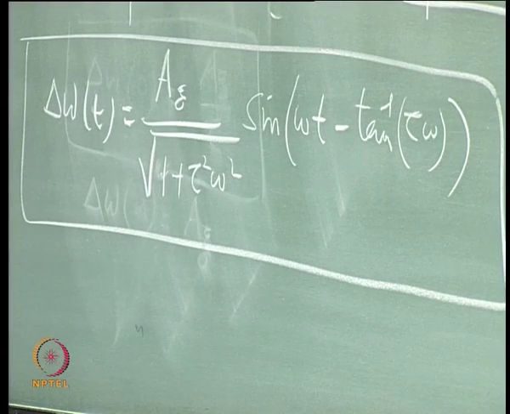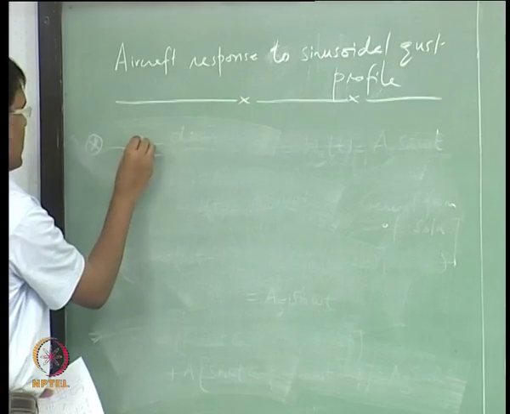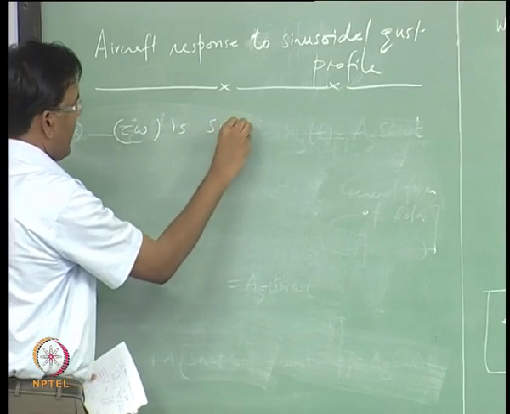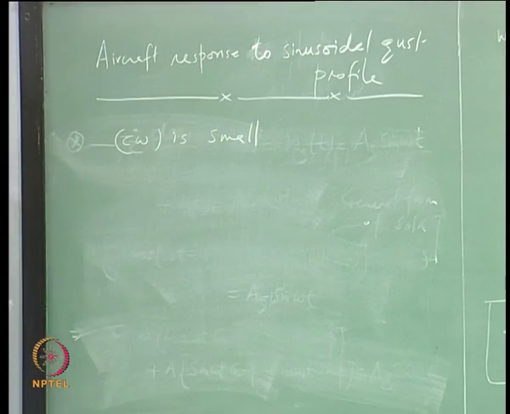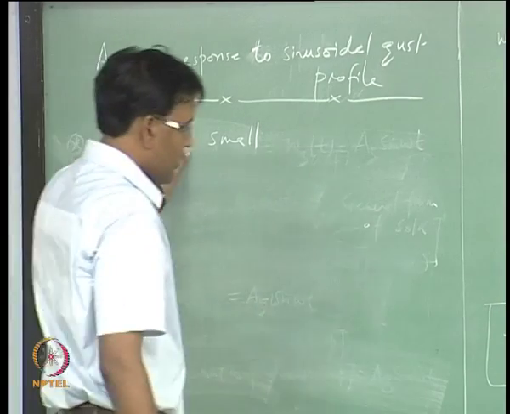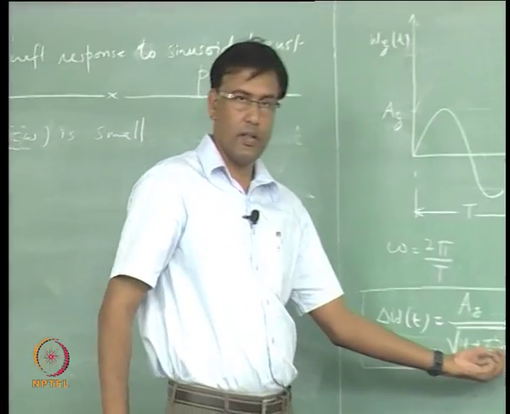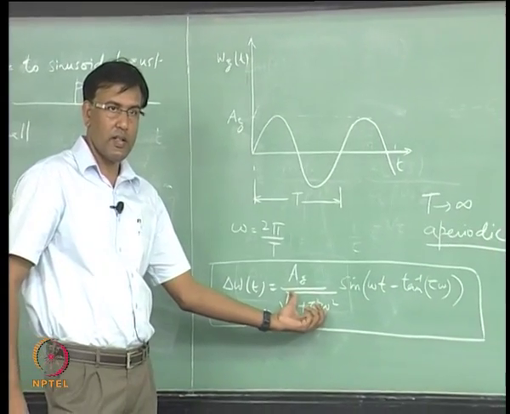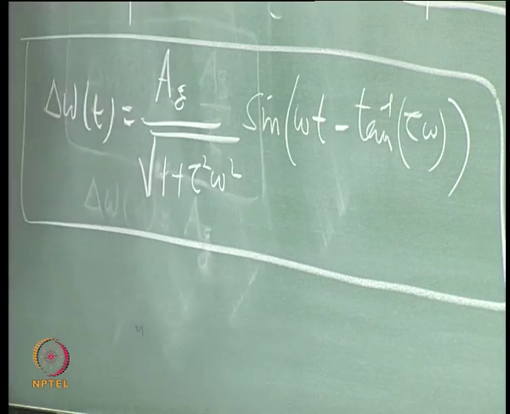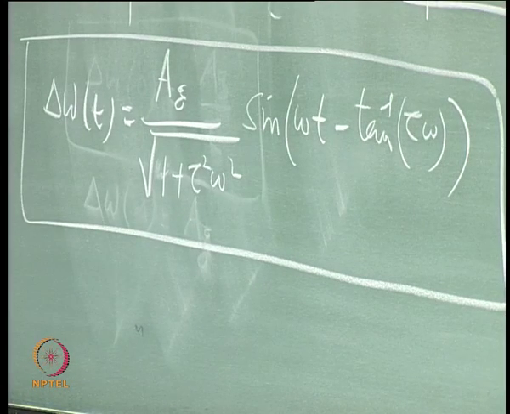So, when this parameter is small, right, when this parameter is small, what is happening? This is very small, right, this is also small. So, the lag is small and the amplitude is almost the same as the amplitude of the gust, right.